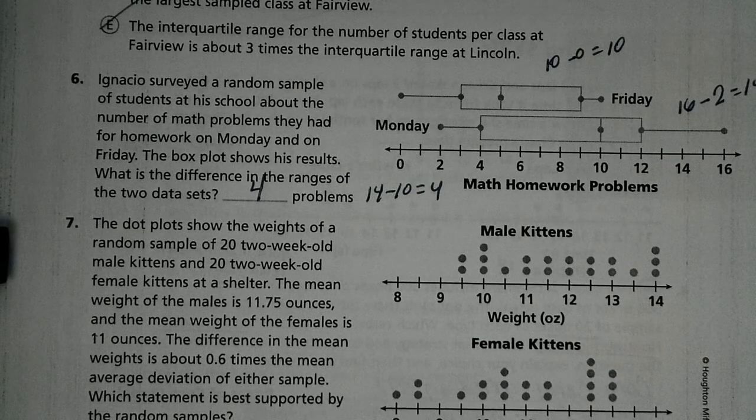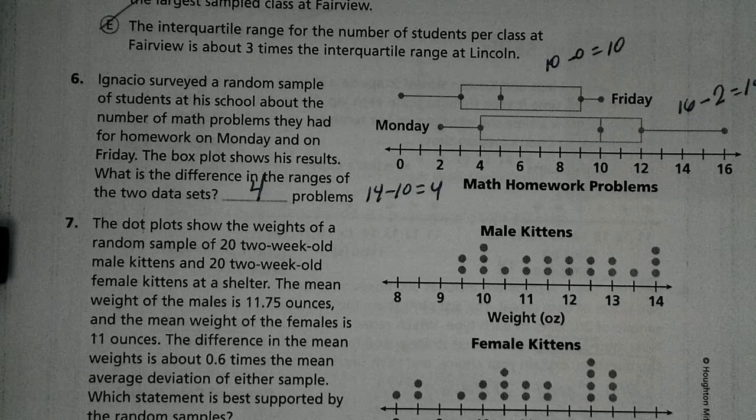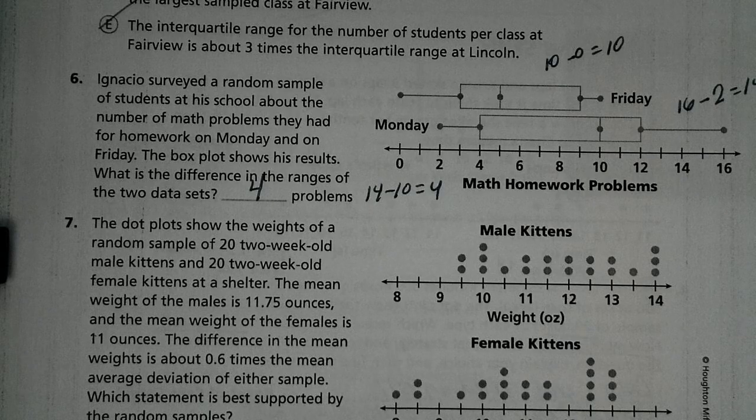All right, and then the last one says the dot plot shows the weights of a random sample of 22-week-old male kittens and 22-week-old female kittens at a shelter. The mean weight of the males is 11.75 and the mean weight of the females is 11.